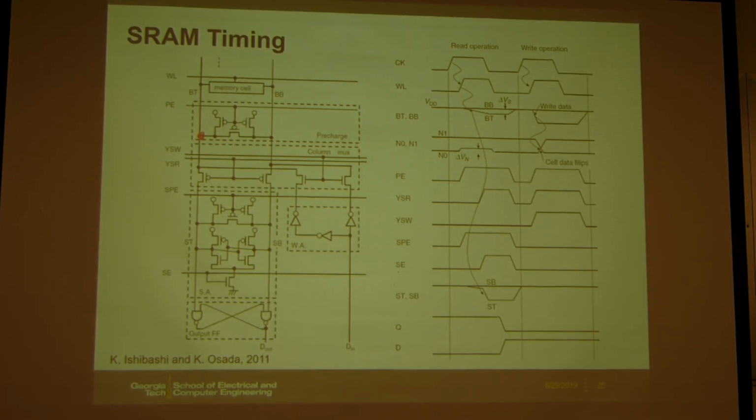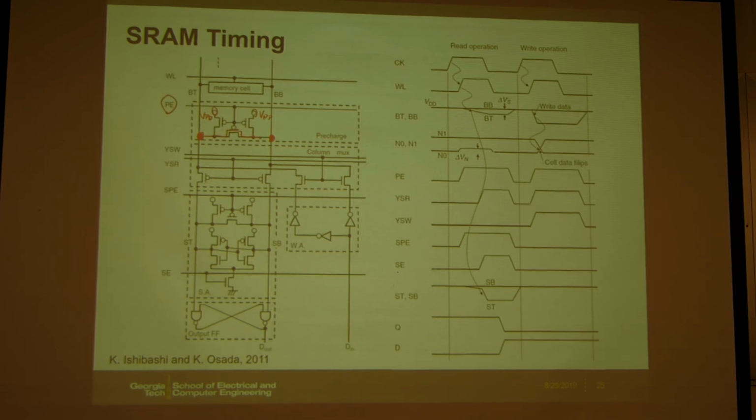You have 1 transistor that couples the bit line and bit line bar, and then you have 2 precharge transistors to VDD, and this PE is the enable signal to the precharge circuitry here.